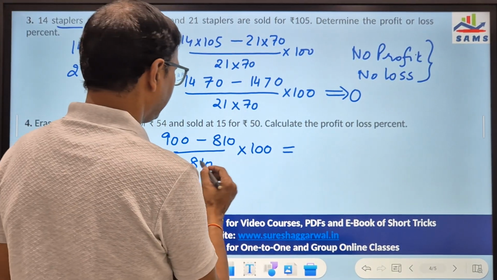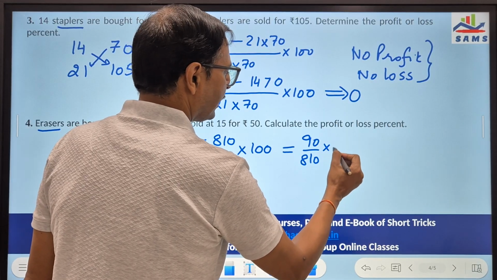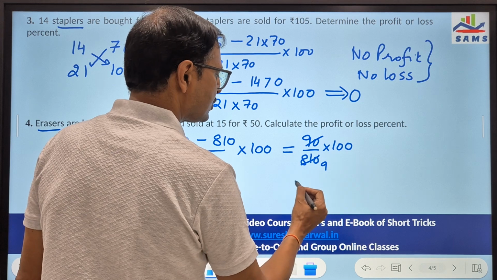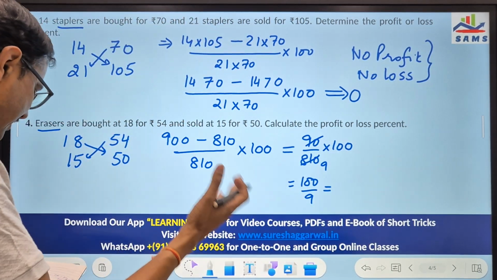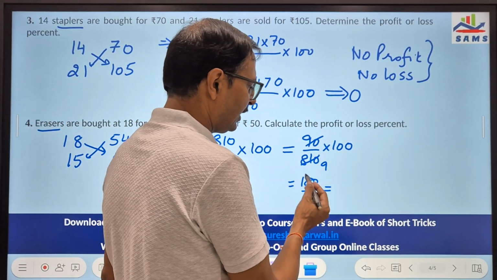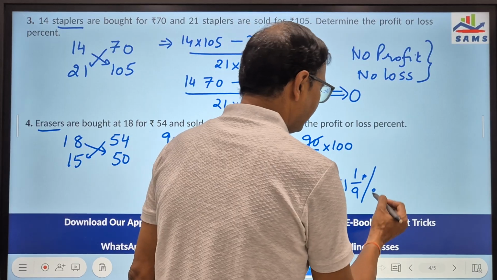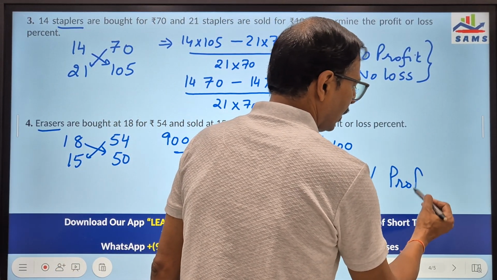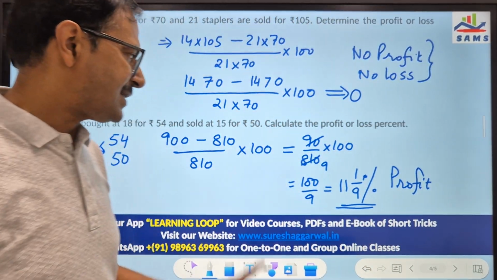So 90 upon 810 into 100. 90 cancels this exactly 9 times, so 100 upon 9, or you can convert that to a mixed number. This will be 9 11s are 99 and 1 by 9 percent, and because this is positive, this is profit, or the profit percent is 11 1 by 9%.